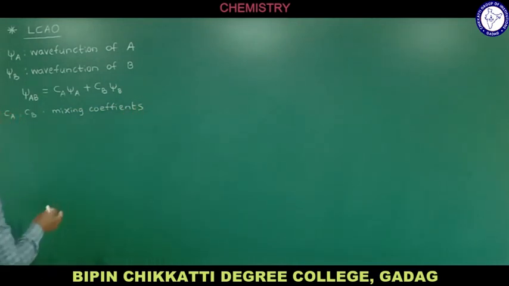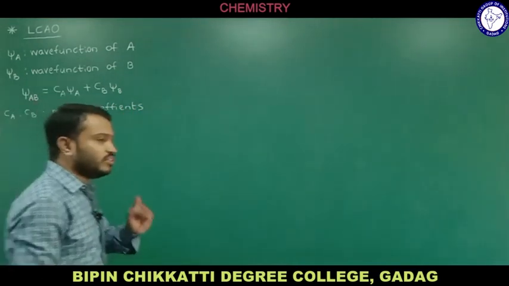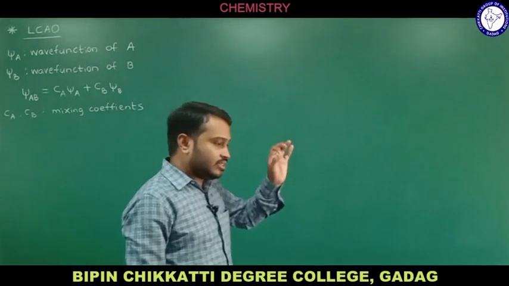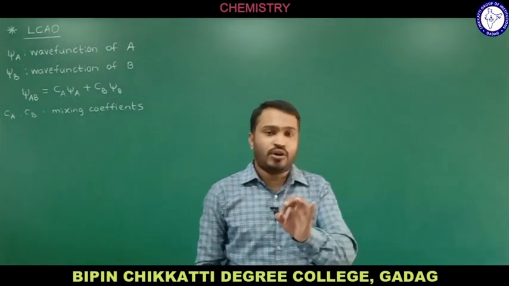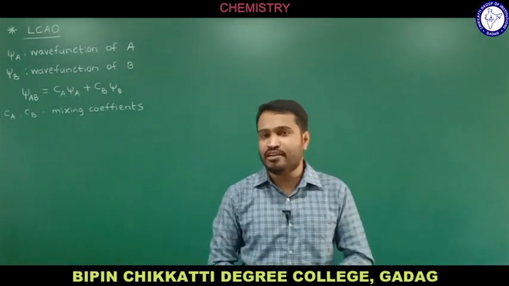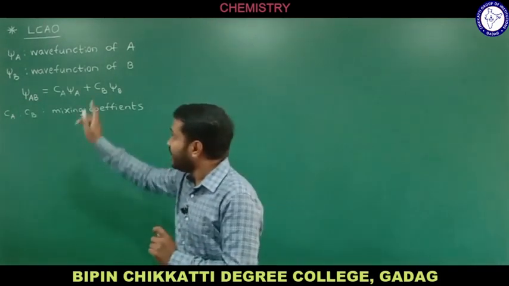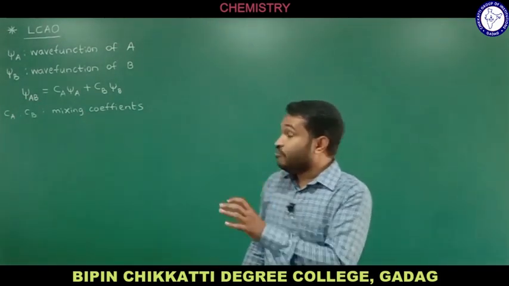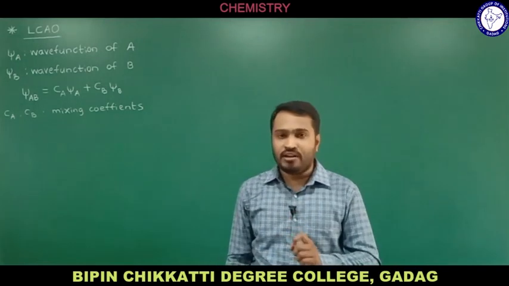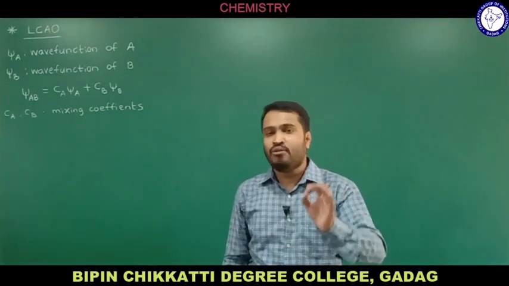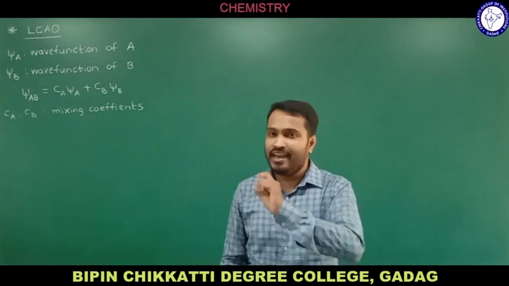That depends on what kind of atomic orbitals you consider, whether the same atoms or different atoms, homonuclear atoms or heteronuclear atoms. So this is how we can represent the wave function of a molecular orbital by considering a linear combination of atomic orbitals psi A and psi B.